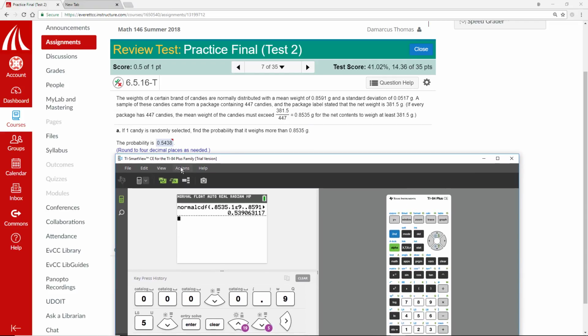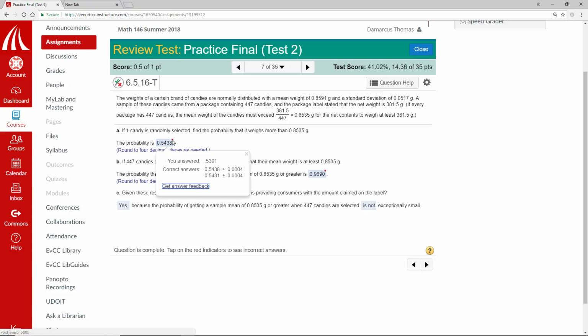Oh, I didn't put in the right value. I got 0.539. What did I put in? I put in 5.4? Why would I do that? Yeah, I did get that one. That was really weird.